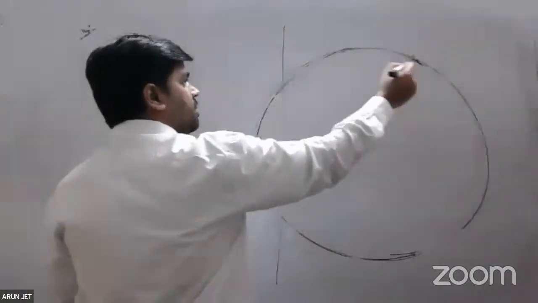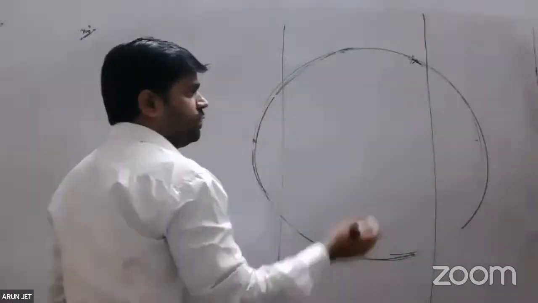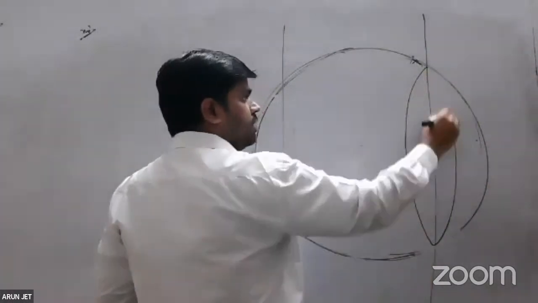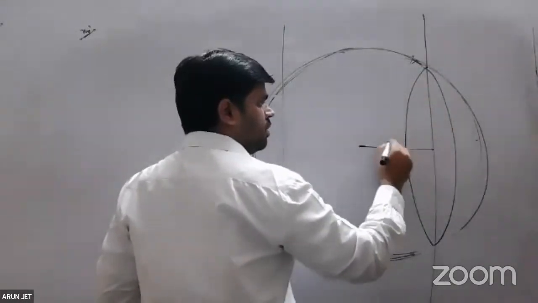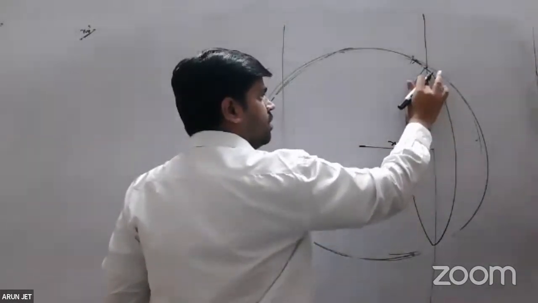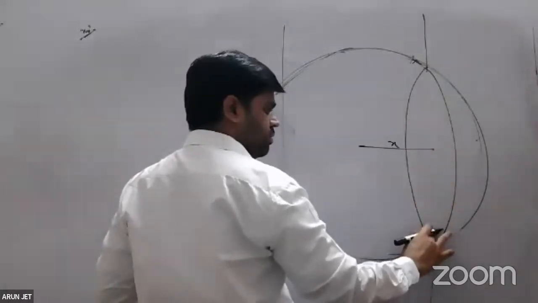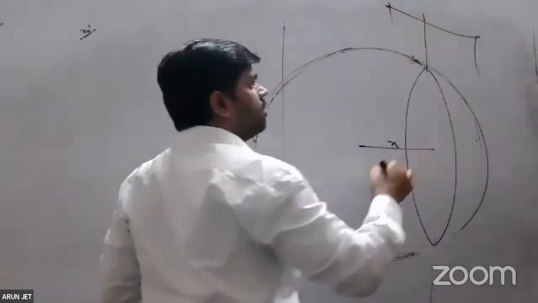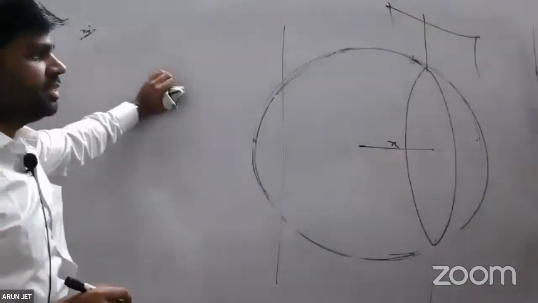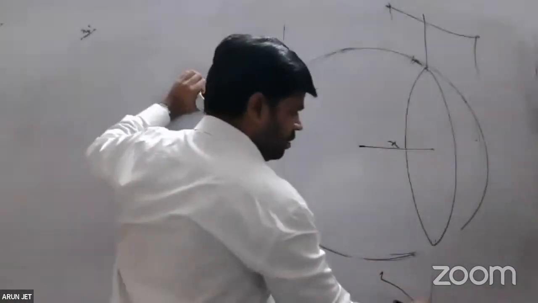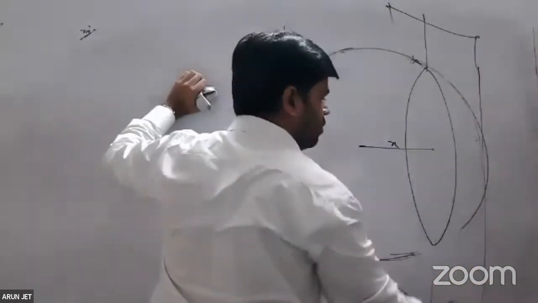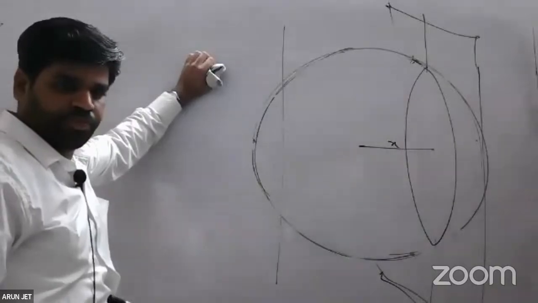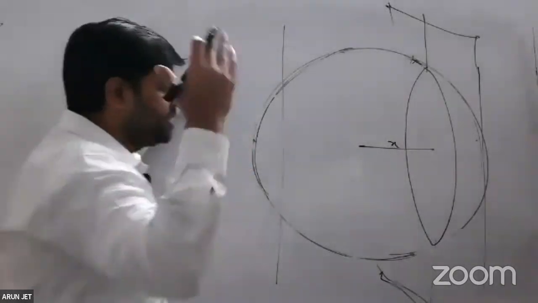When I section it, what I get is a circle, right?